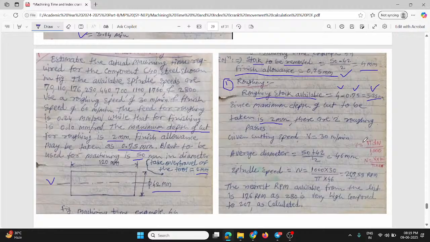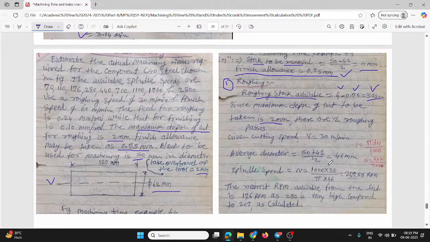As usual you can write the formula for the machining time calculation, that is L divided by F into N. From that you come to know that the length of tool travel is known, feed is known, but N is not known.